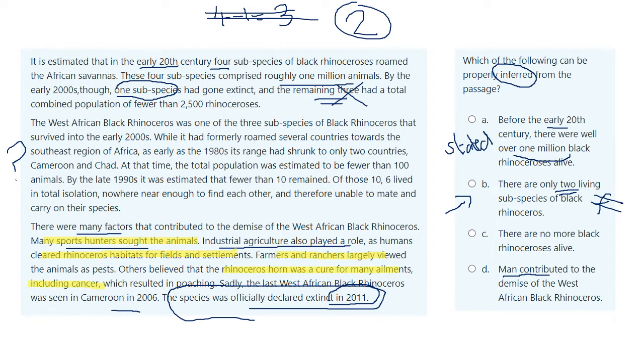Now, the passage does not say that people killed the rhino. It says that sports hunters would go after them. It says that the area was cleared. It does not say directly that men killed the animal. So this would be the best answer. It is inferred, it is suggested that men had a bad impact on the rhino, but it is not stated directly.